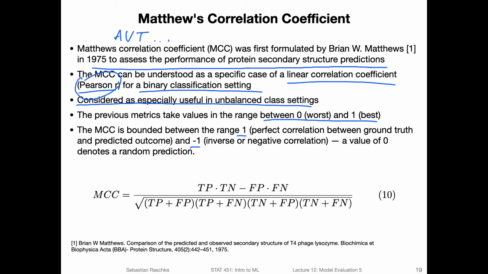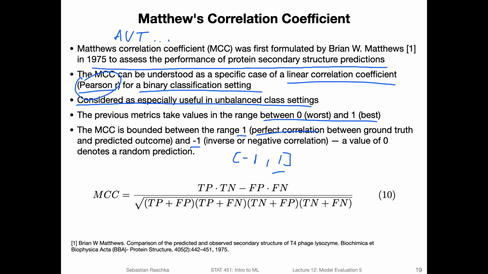So Pearson's R also ranges between -1 and 1, where if you recall, if you have -1, you have a negative correlation. For a 0, there is no correlation. And for a 1, there is a perfect correlation.